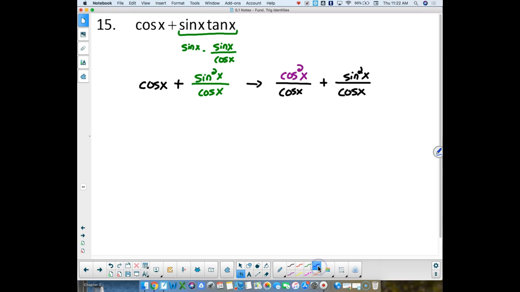So on top I get cosine squared of x plus sine squared of x all over cosine of x. Cosine squared plus sine squared, 1. It's the hammer. One over cosine of x, secant of x.